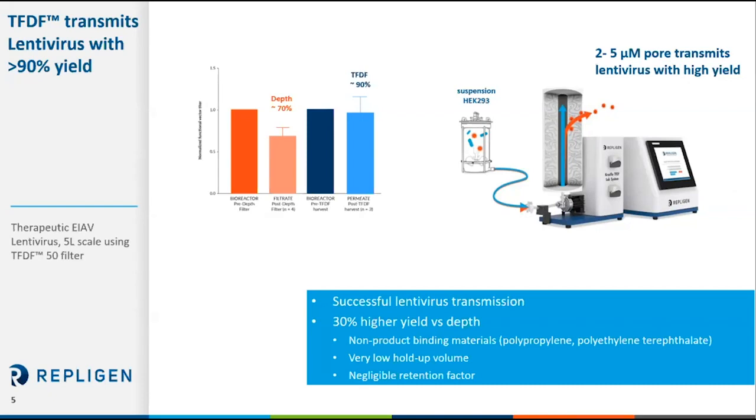Thirdly, because of its high capacity, a TFDF filter is more than 10 times smaller than a depth filter, and therefore it has very low holdup volume. Together, they more effectively separate the cells away from the product.